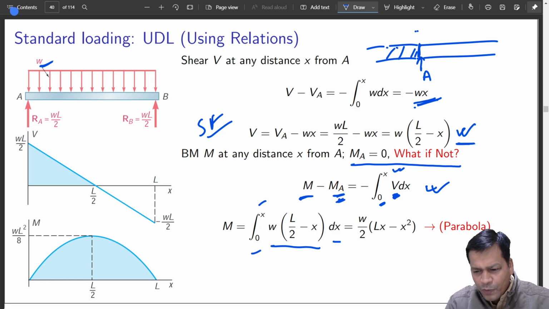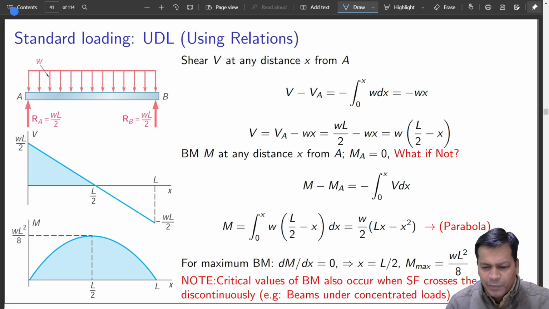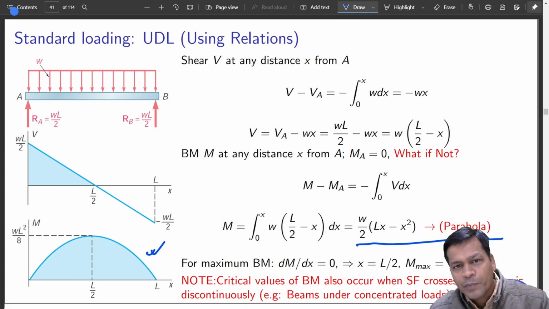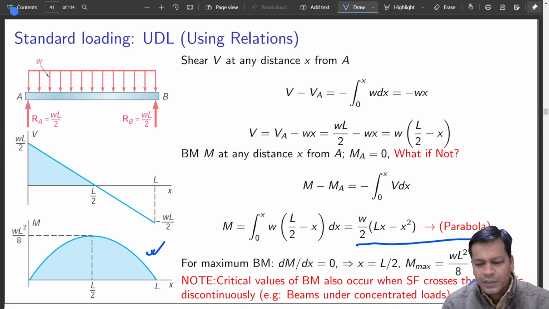So now you just substitute this, integrate that, and this gives you something like this. W by 2 x you extract, and you can get L minus x. This is the equation of a parabola. For maximum bending moment, apply the maxima and minima thing: dM by dx, equate it to 0, and find x for that region.